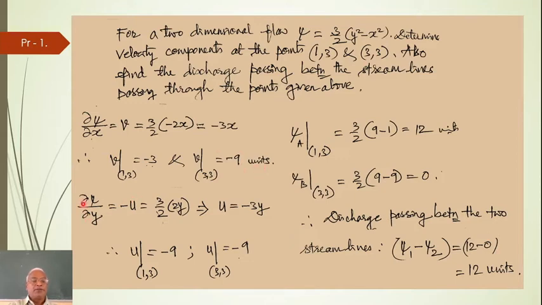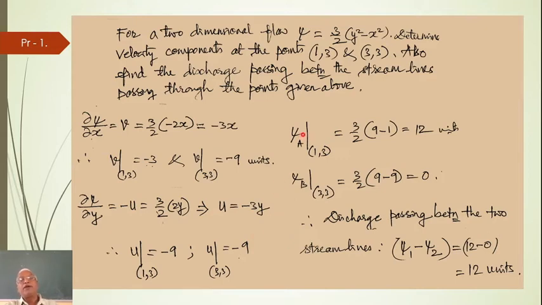Now dou psi by dou y, that is minus u, is equal to the differentiation of this with respect to y. So 3/2 into 2y, so this becomes u equal to minus 3y. This indicates that u is equal to minus 3y. Now if I want the velocity component at (1, 3), it will be minus 9, and at (3, 3) it will be minus 9.